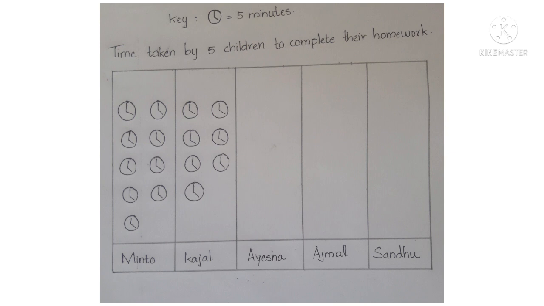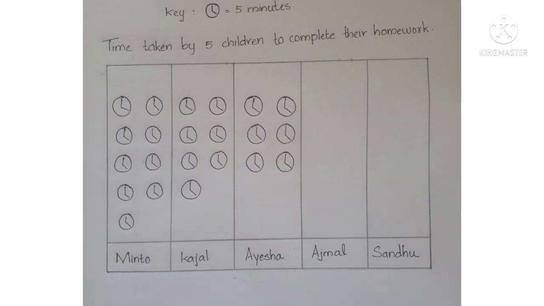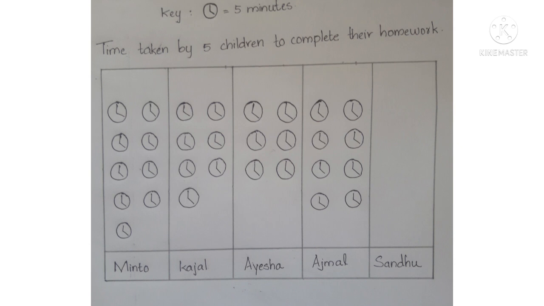Now what about Aisha? She took 30 minutes. So 6 5s are 30, which means we will draw, yes, 6 clocks in Aisha's column. And Ajmal took 40 minutes, which means 8 clocks.